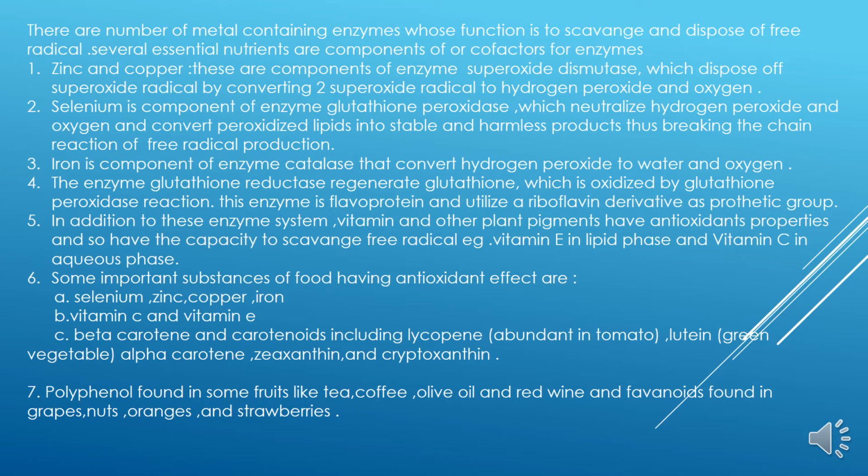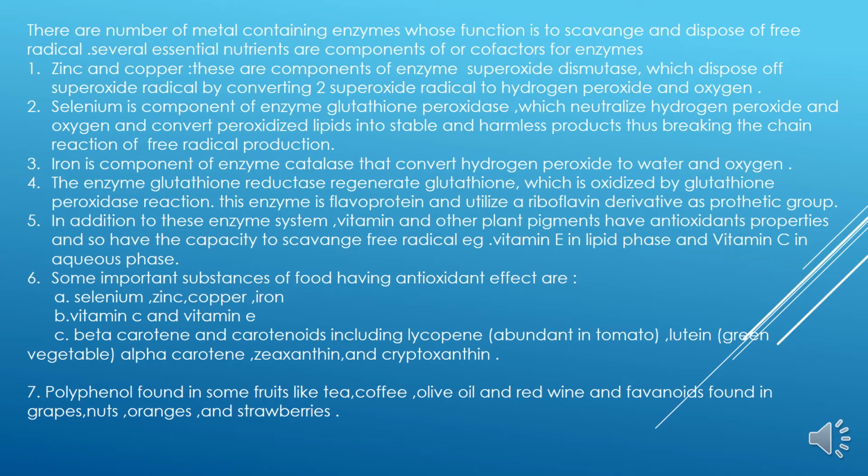In addition to these enzyme systems, vitamins and other plant pigments have antioxidant properties and so have the capacity to scavenge free radicals. Vitamin E in the lipid phase, vitamin C in the aqueous phase.